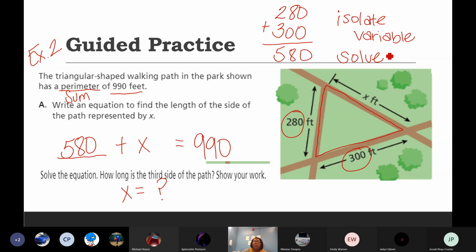Okay, someone, don't give me the answer. Someone unmute themselves and walk me through what's the first step we have to do here to find the value of x.